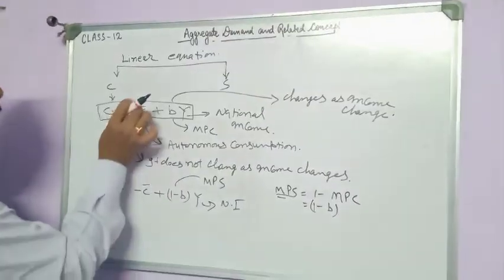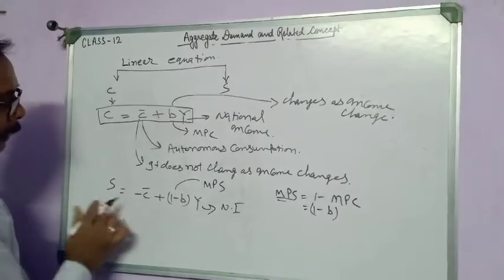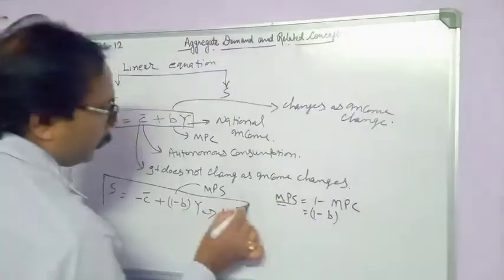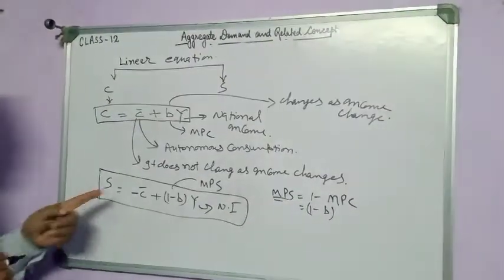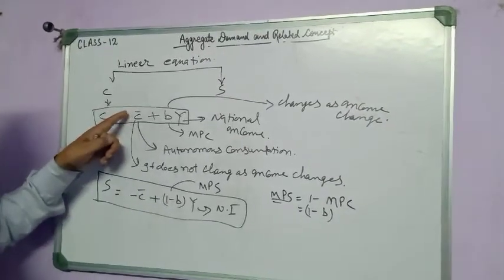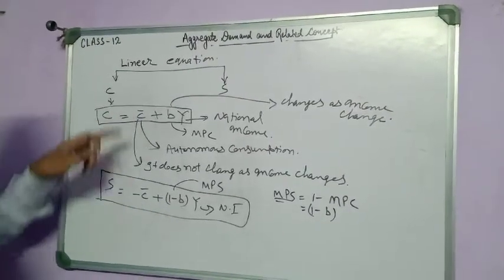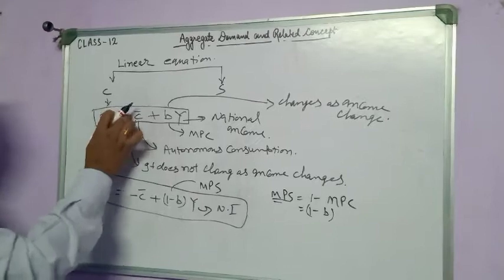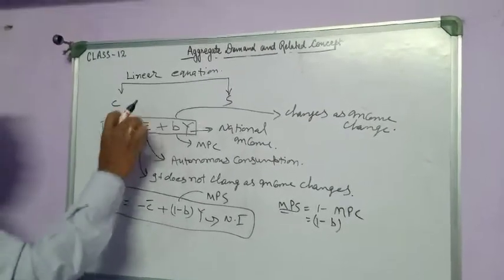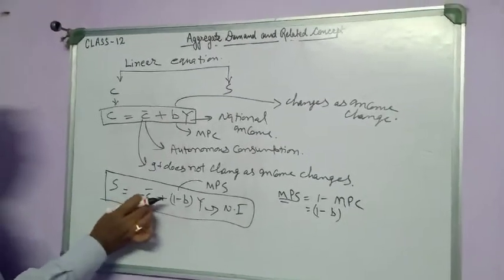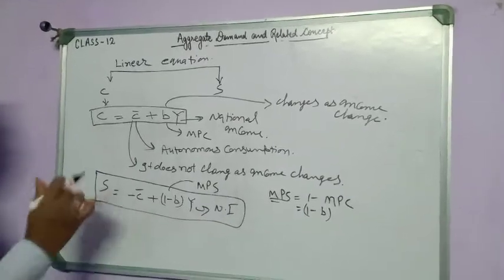That will be equal to this one in case of saving, and that's why this is the same value, but it is the positive value, and the same positive value in case of saving becomes the negative value of C.